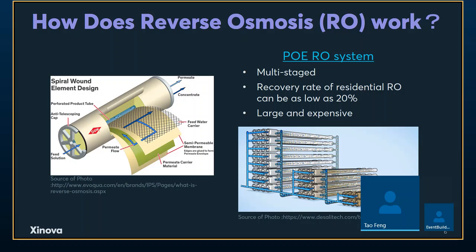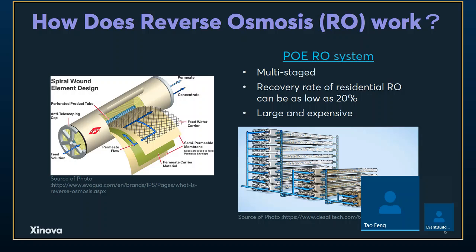So an industrial reverse osmosis system is usually designed in a sequential multi-membrane, multi-stage configuration, in which each membrane in the series is only making a small contribution towards the overall water recovery. The picture shown on the right-hand side of this slide illustrates a three-staged industrial reverse osmosis system. You probably can imagine such a multi-staged RO system is way too large for point of use applications.